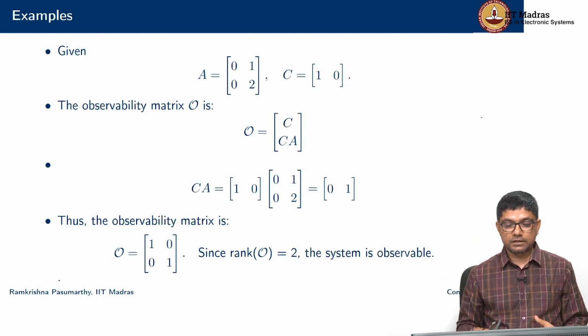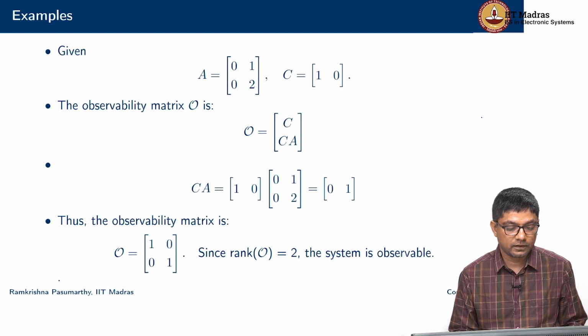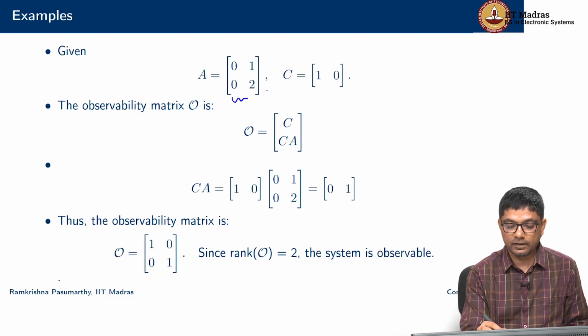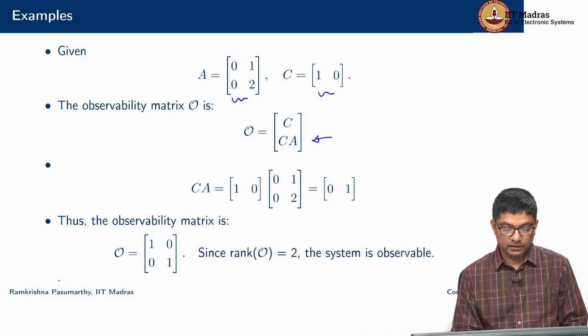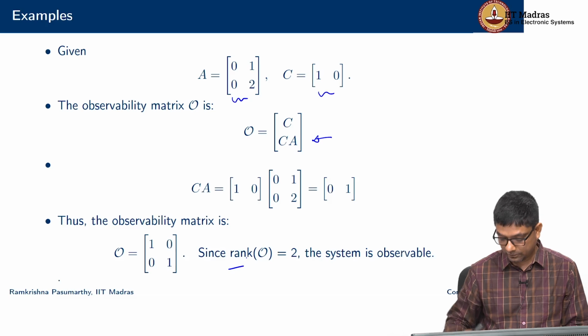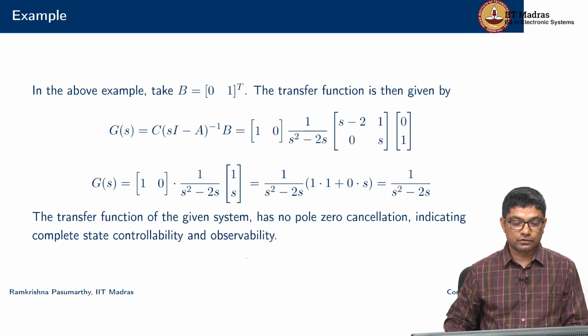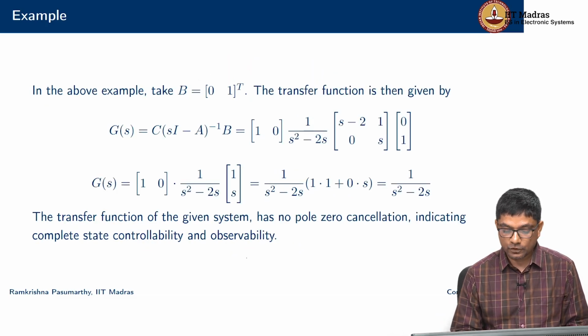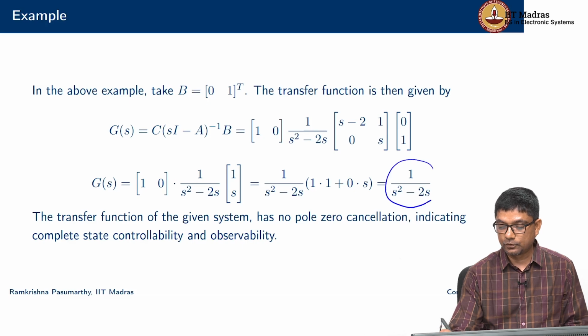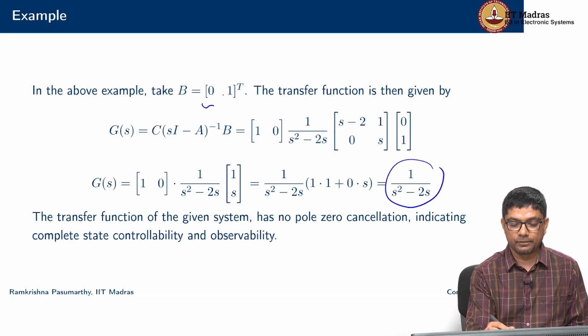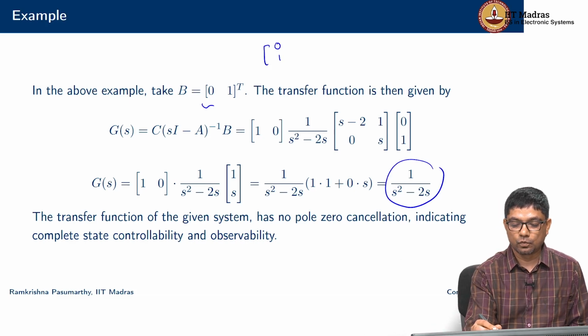Okay, now some quick tests: given an A matrix and a C matrix, I compute the observability matrix, the rank is 2, the system is observable. We will see how the transfer function looks. The transfer function will come to a second order system. I am just assuming that B is of the form 0, 1.